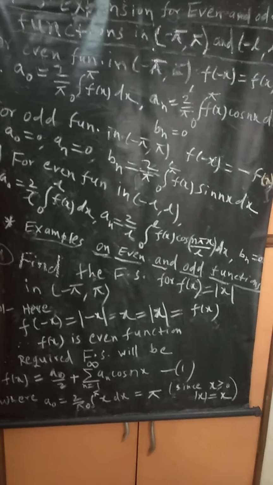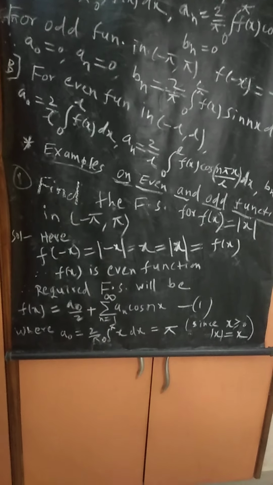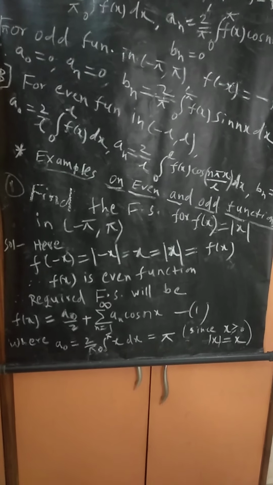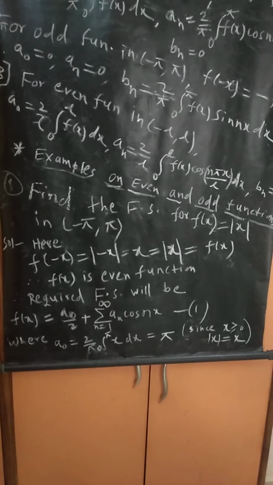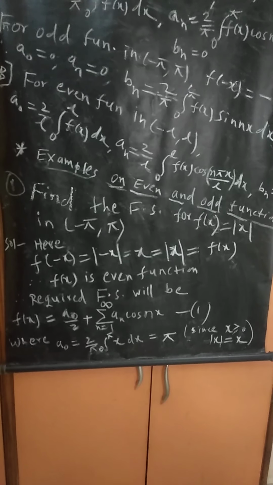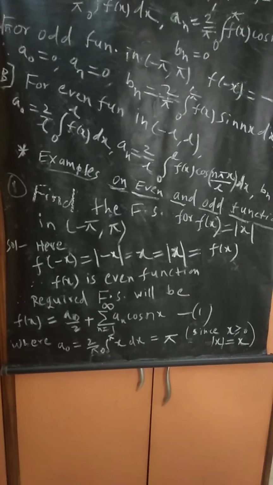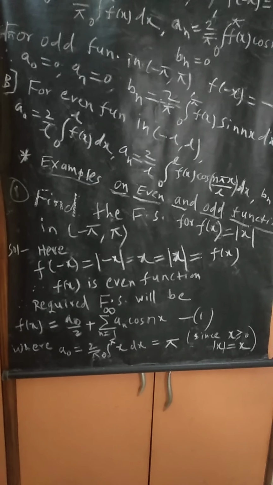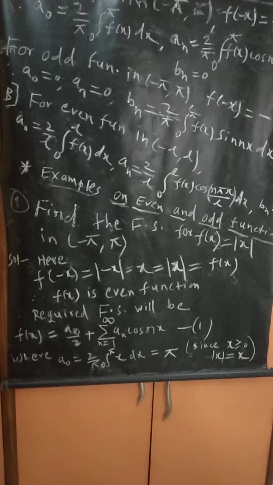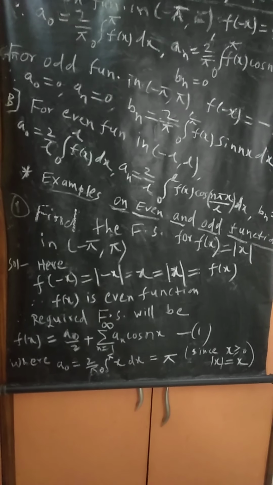Because for x greater than or equal to 0, modulus x is equal to x. Why do we consider x greater than or equal to 0? Because our limits for the integration of a0 are 0 and pi, that is greater than or equal to 0, and therefore modulus x is equal to x, and the value of this integration after evaluation gives a0 equal to pi.